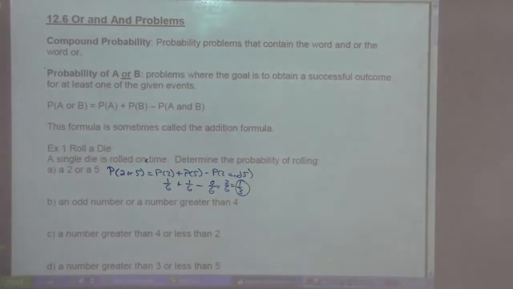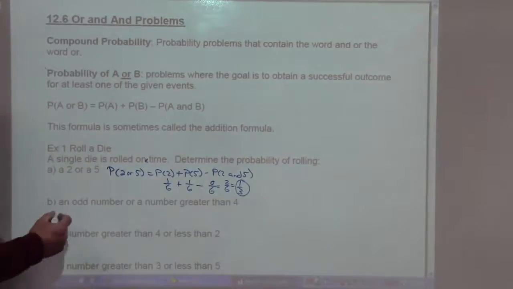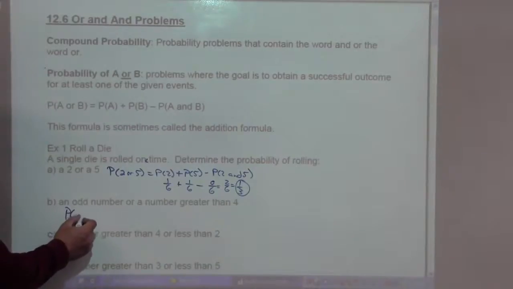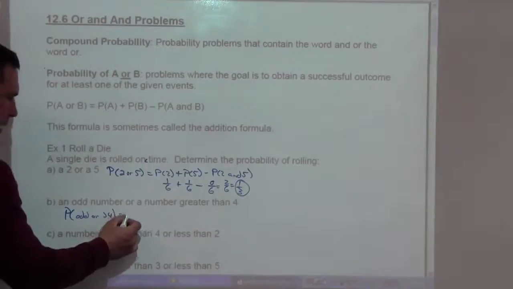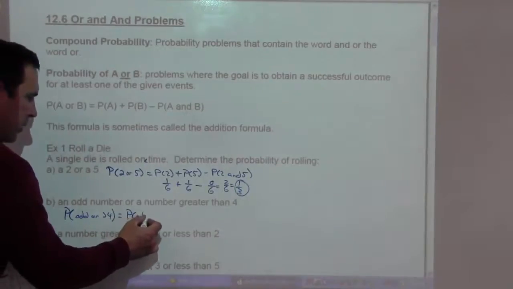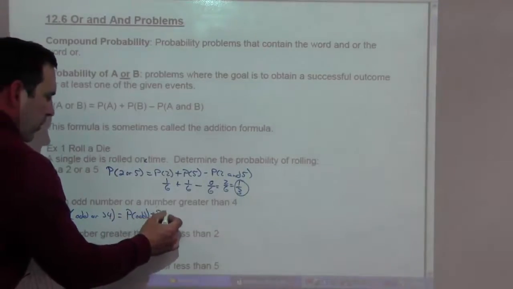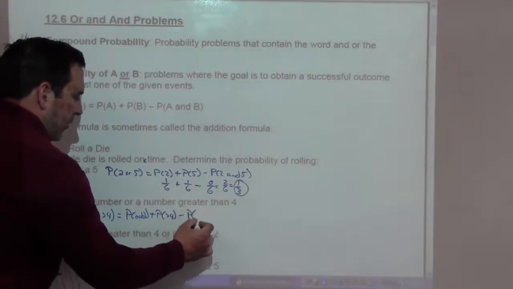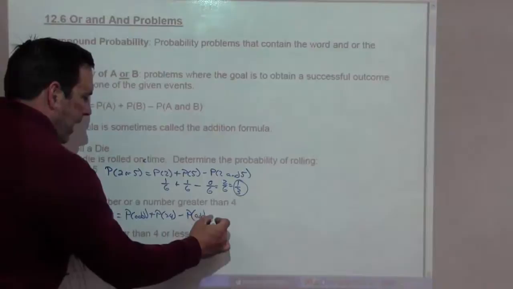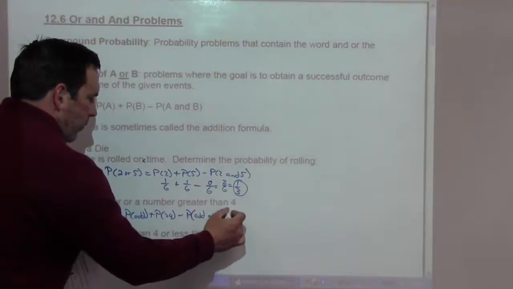How about the probability of an odd number or a number greater than 4? So probability of odd or greater than 4, that's going to be the probability of an odd plus the probability of a number greater than 4 minus the probability of an odd and a number greater than 4.